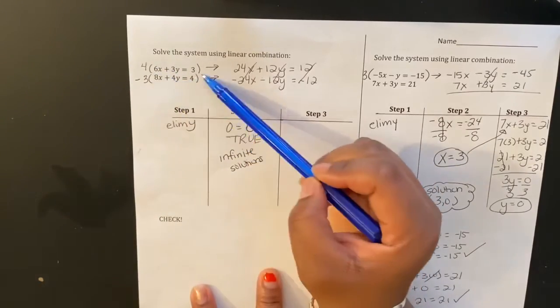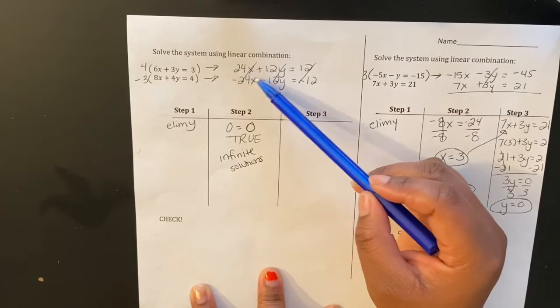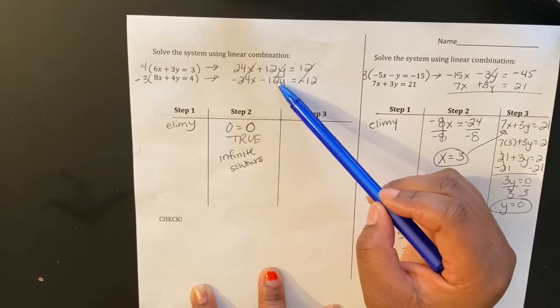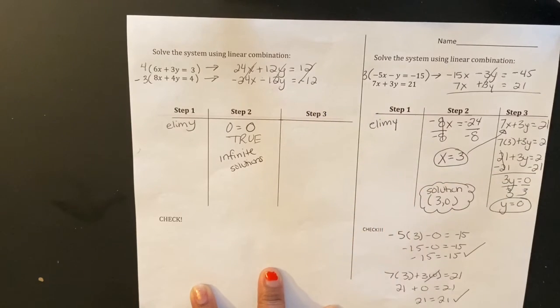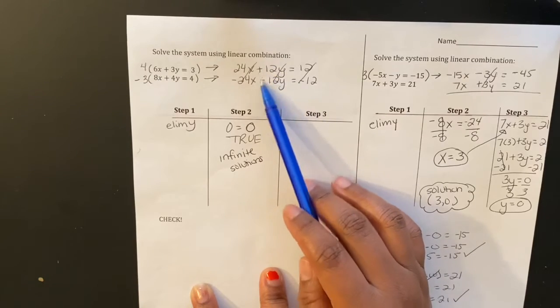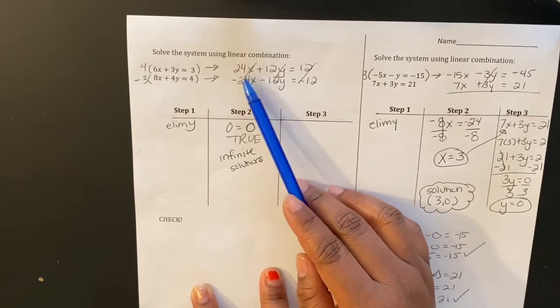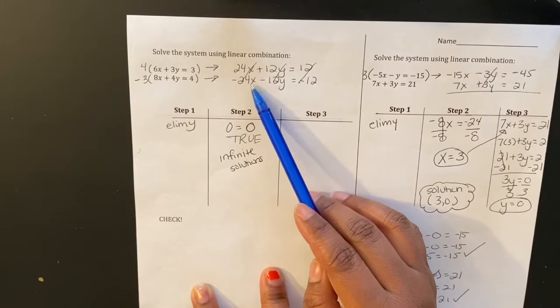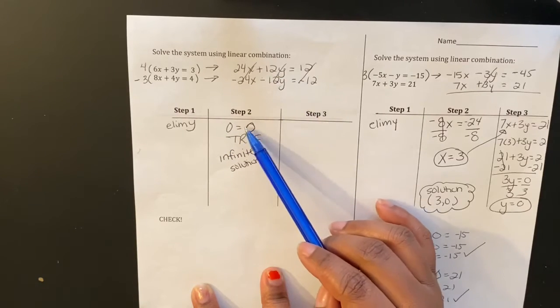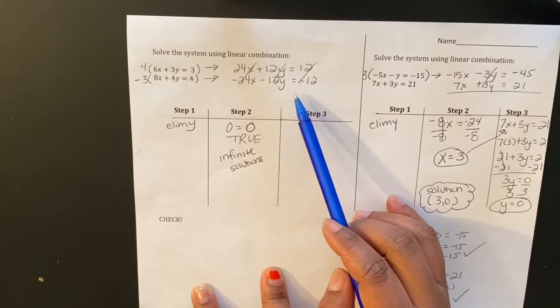So you multiply the whole equations, and I got 24x plus 12y equals 12, and negative 24x minus 12y equals negative 12. That was my first step. When I add the new equations in step 2, I got 24x minus 24x is 0, and then 12y minus 12y is 0, and then 12 minus 12 equals 0.